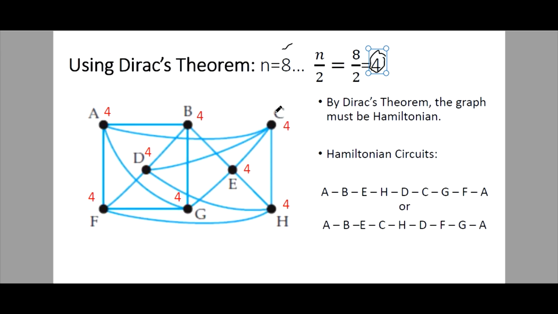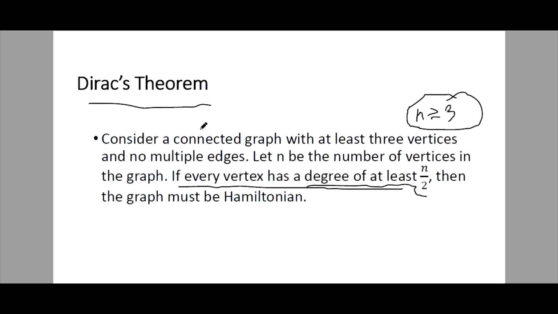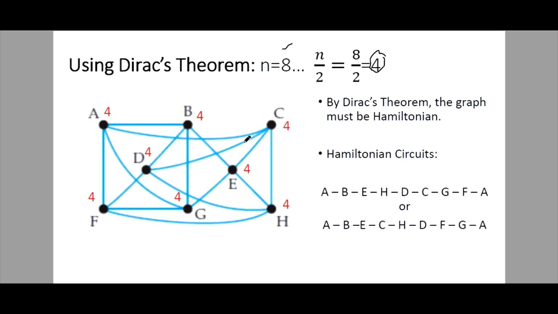And each vertex has a degree of at least 4, the degree of at least n over 2. So with this, we can say that by Dirac's theorem, the graph must be Hamiltonian.